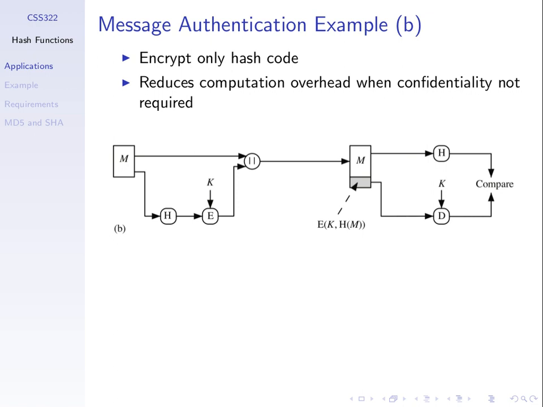I can do that because I can see the message. I can calculate the hash of that message. Let's call it H prime. I need to send this modified message on to user B. Here's the modified message. I concatenate the modified message with what?